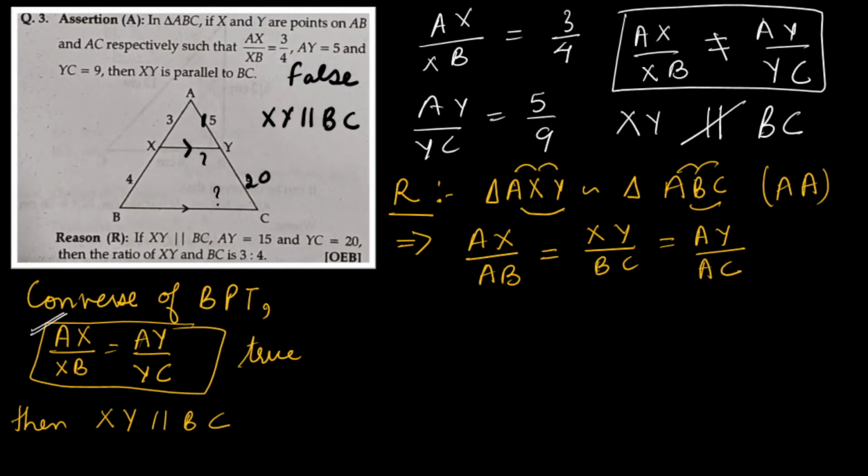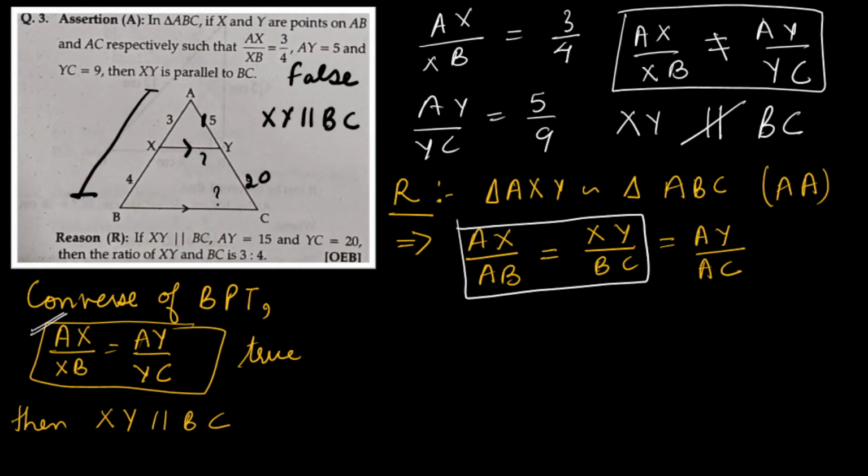The triangles are similar. Now which ratio is given to us? AX and AB. What is the value of AB? AX value I know is 3. So these two I will be using because I have to find the ratio of XY and BC.